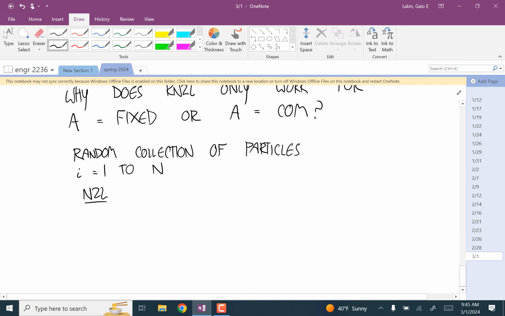That's the starting point. For each particle, the total force on that particle is equal to the mass of that particle times the acceleration. We can rewrite that as the mass times the time derivative of the velocity.